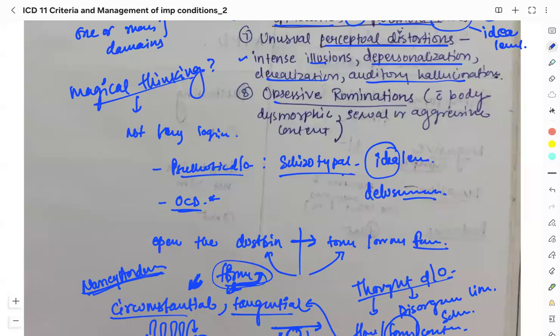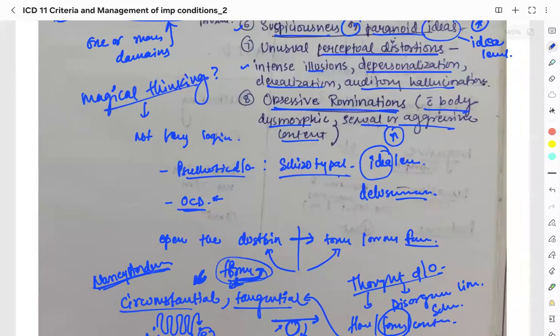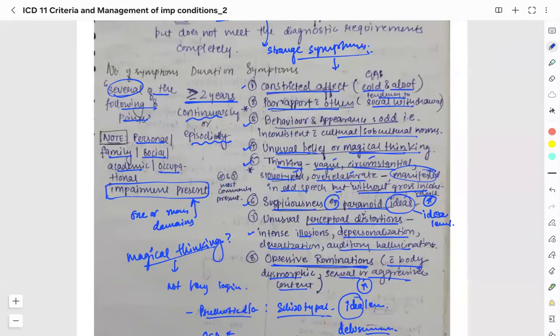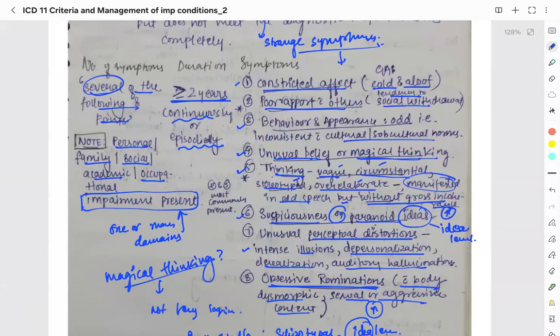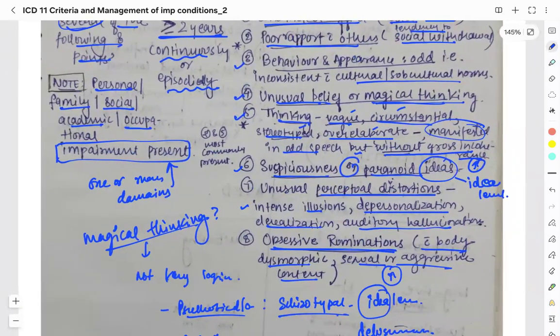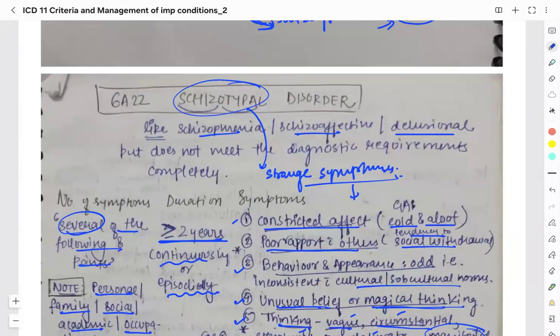They might have obsessive ruminations. This may include body dysmorphic, sexual, or aggressive content. Any of these contents might be there. These are very unusual symptoms that we would not usually see in schizophrenia or schizoaffective disorder. So it's not fitting into any of them. So we have just fit them into schizotypal disorder.